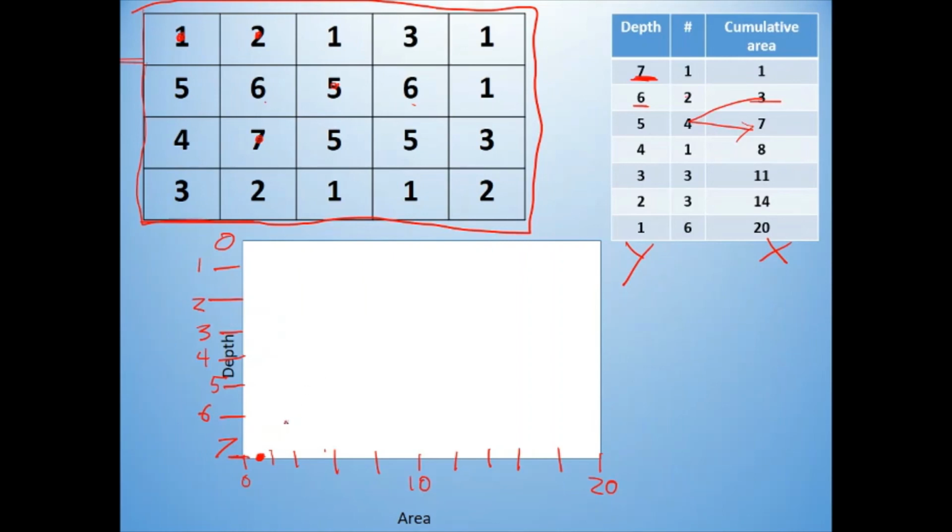okay. So we'd go at 6 and then 3, and then we do 5 and 7, 4 and 8, 3 and 11, 2 and 14, and then 1 and 20, right?